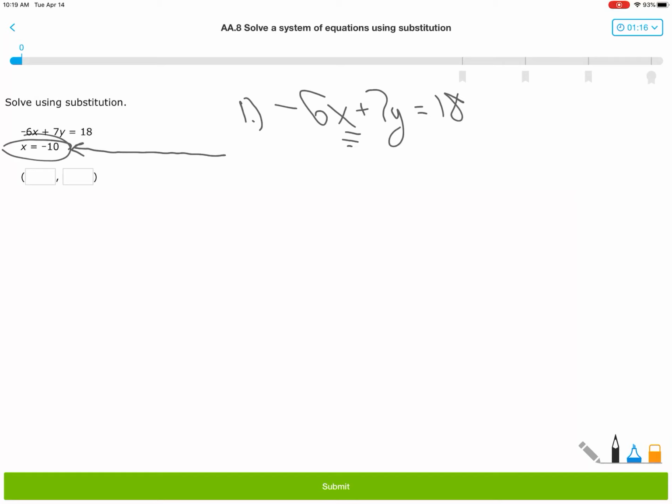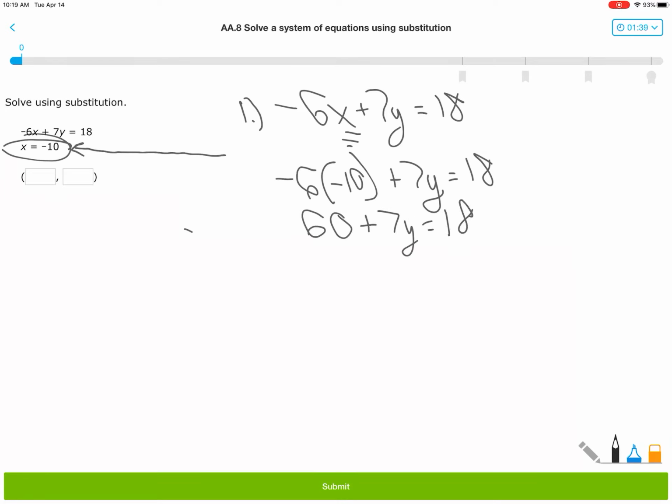So right here where the x is, I'm going to put in negative 10. Negative 6 times negative 10 plus 7y equals 18. Now I've just got to do some math. Negative 6 times negative 10 is a positive 60, plus 7y is 18.